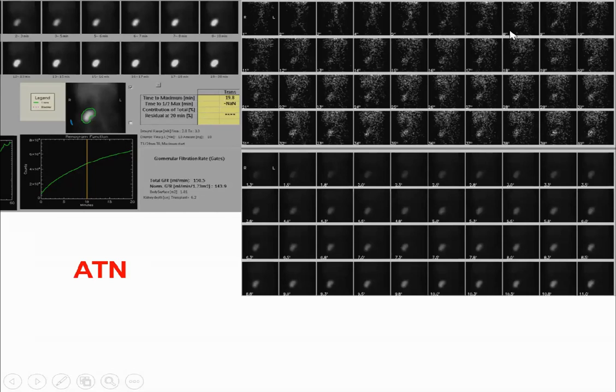If we follow the graft, it takes the radioactive tracer, and it is more or less perfused together with reduction in tracer uptake and marked delay in excretion due to severe parenchymal retention of the tracer with this obstructed-like curve. So this triad, within the first month after transplantation, is diagnostic for acute tubular necrosis.